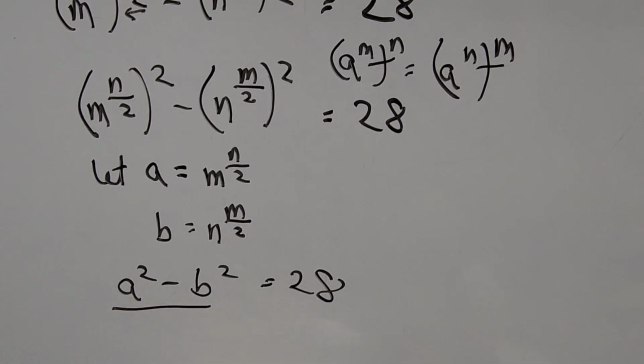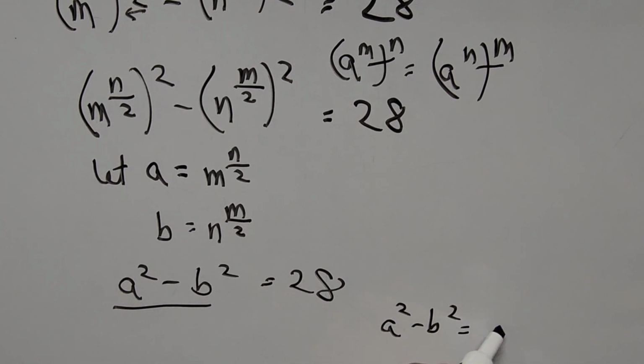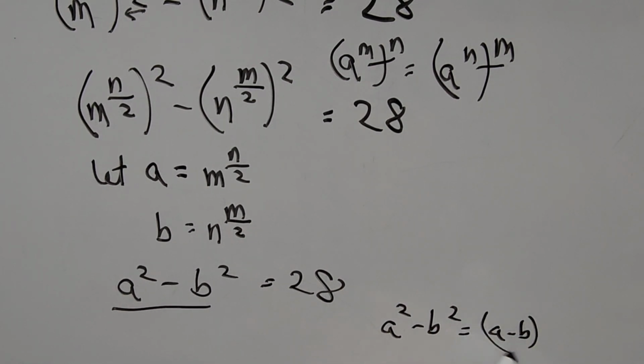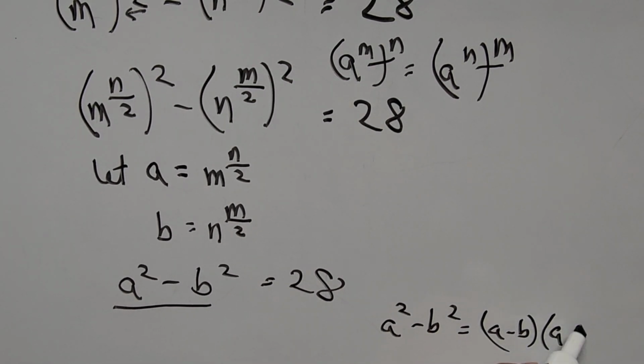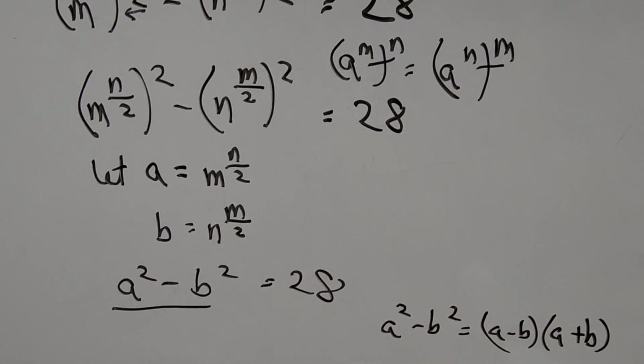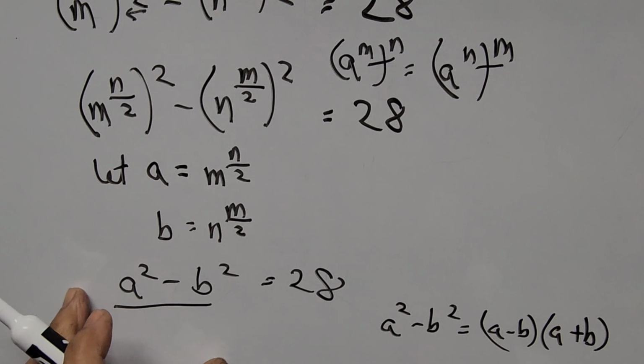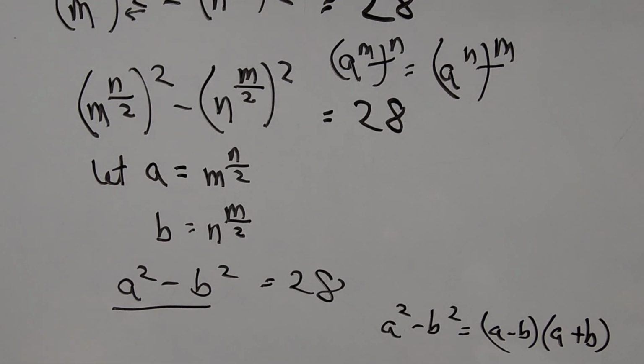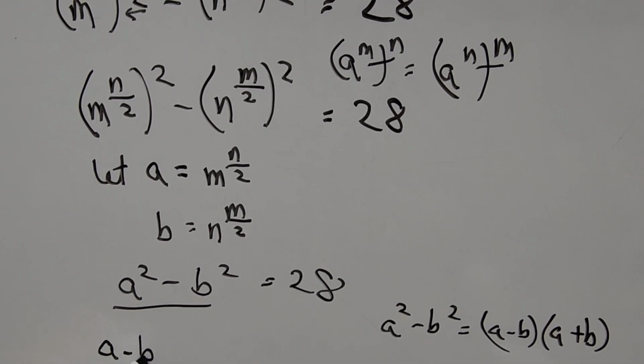If we have a squared minus b squared, this is equal to a minus b times the quantity a plus b. So we can apply this formula to the left-hand side of our equation. So we have now a minus b times the quantity a plus b equals 28.